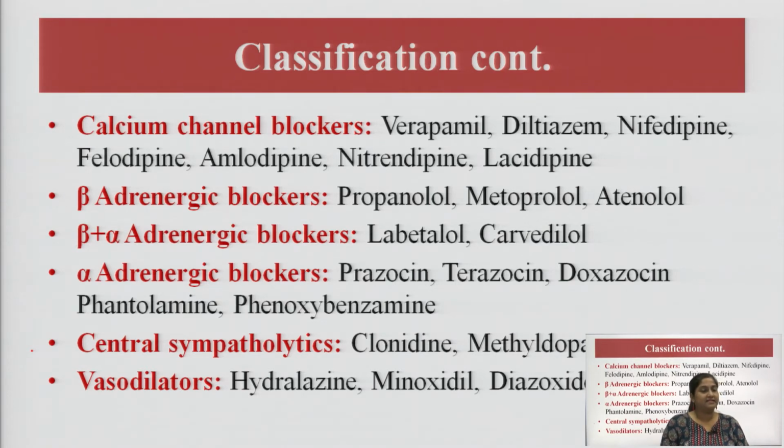Next class is the central sympatholytics class. In this class the drugs are clonidine and methyldopa. And the last class for antihypertensive drugs is vasodilators, that is hydralazine, minoxidil and diazoxide.